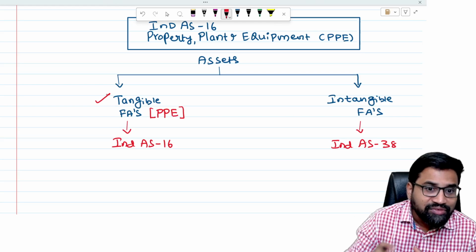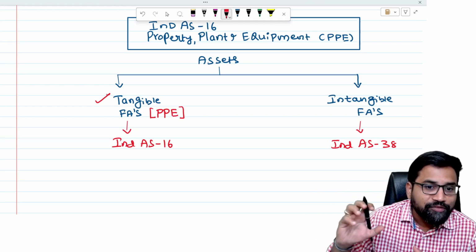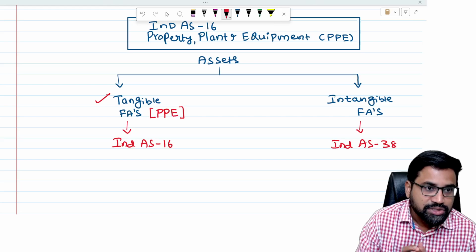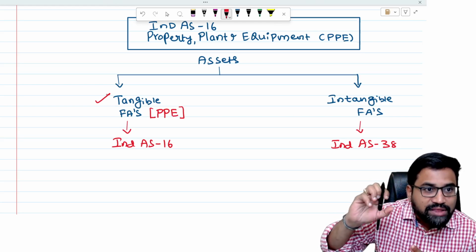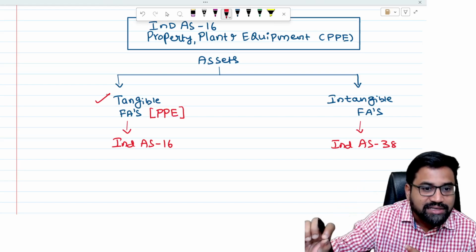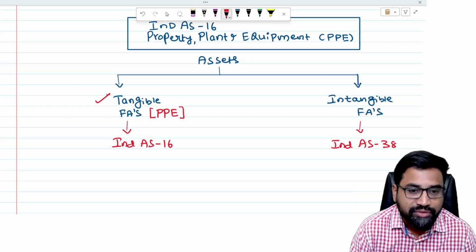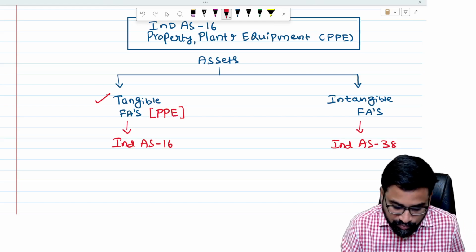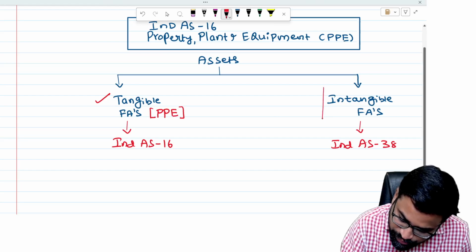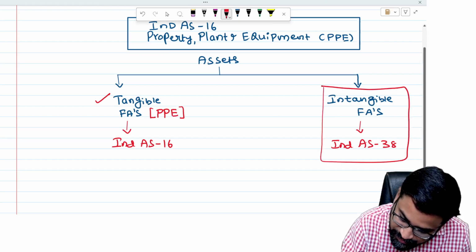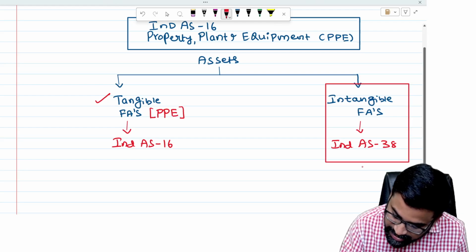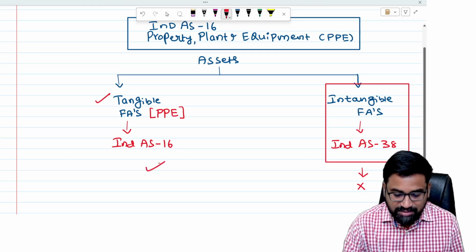In a way, it will directly affect the true and fair view of financial statements. Therefore, they came up with Indian Accounting Standard 16, which exclusively prescribes the principles for accounting treatment of PPE. Okay. So this we don't have in our syllabus in CMA final. So this is not there, but this is there in our syllabus.